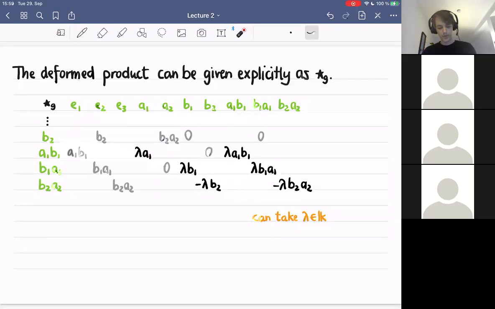These gray entries were the old multiplications, and now you've changed them in these spots. It's not 0 anymore. So for lambda equals 0, you get the old Brauer tree algebra, and for lambda some constant, you get a deformation of it.